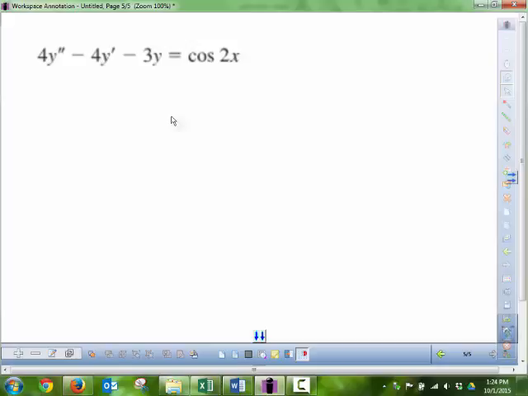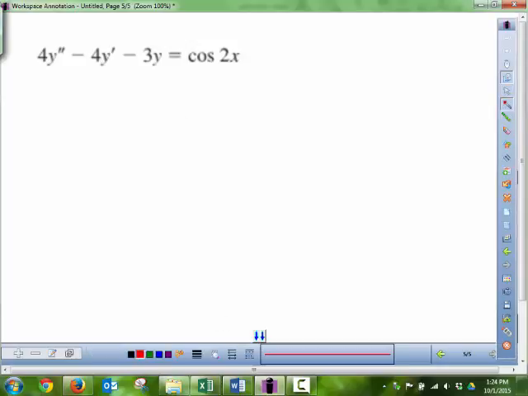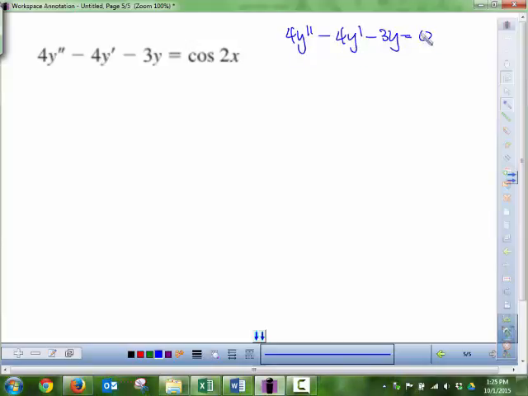So first, take care of your homogeneous counterparts. Let's begin by looking at 4y double prime minus 4y prime minus 3y equal to 0, just looking at the homogeneous portion of this.